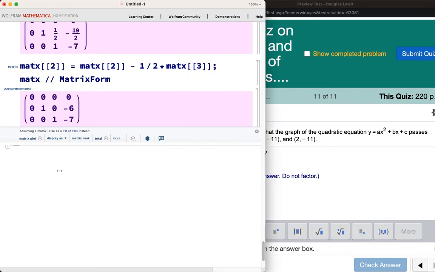Let's try this. Let's say A is equal to 0, which eliminates the x squared term. So then we have -6 times x minus 7.